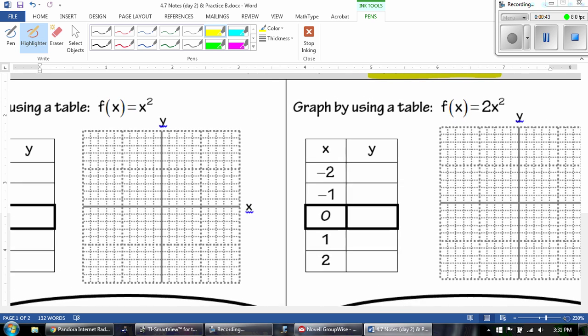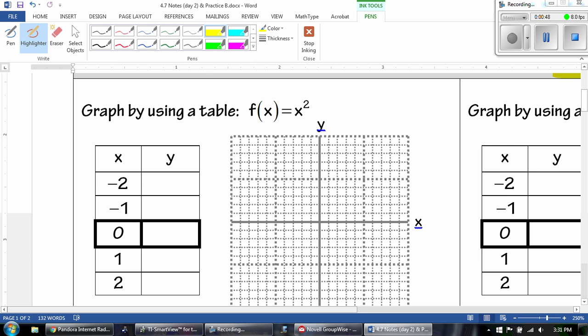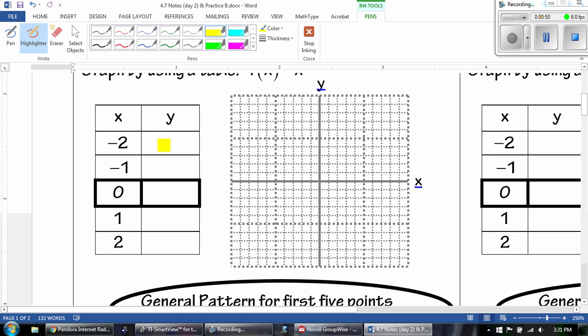On the left side, I'm going to zoom in and solve. To figure this out, all we would do is plug in each one of these numbers and square it. We talked about this yesterday.